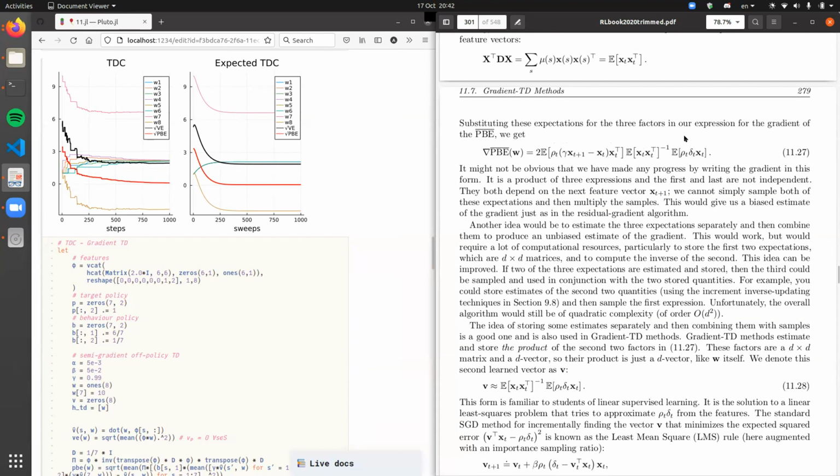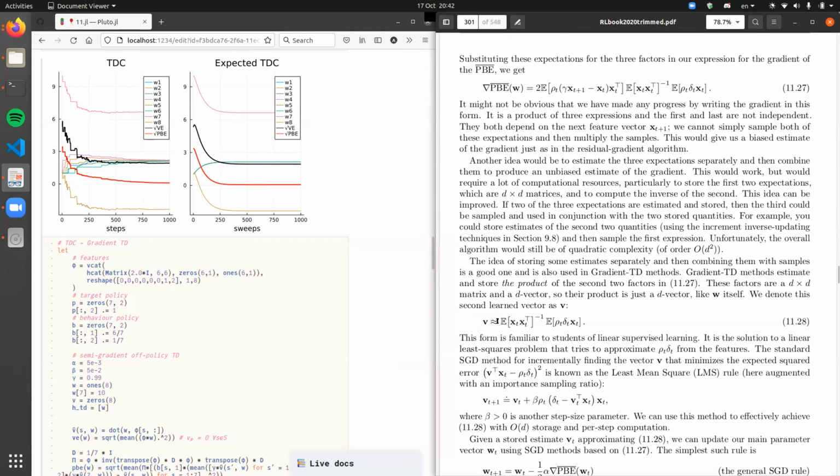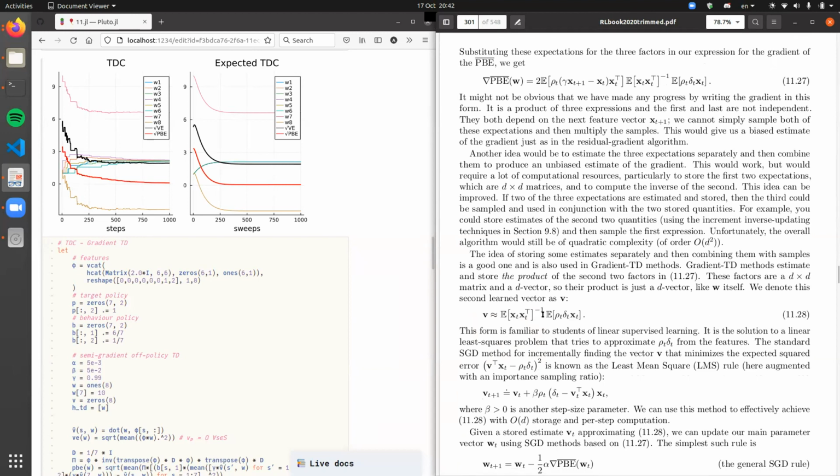Instead of sampling all three values here, we can compute one expectation explicitly and store it, and sample only one value. In this case, we have a choice of what we want to sample and what we want to store, and it is most efficient to store this value.